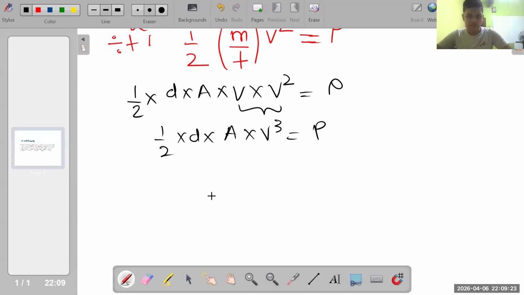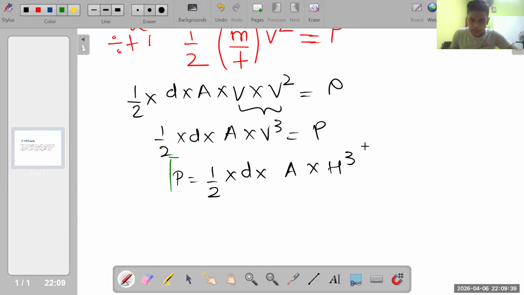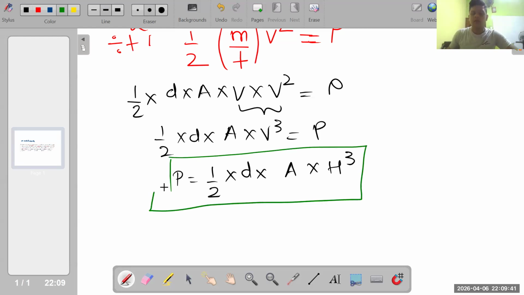So we can write power equals half into density into A, which is the surface area, into h cube. This is the ultimate equation which we use for the calculation in this question.